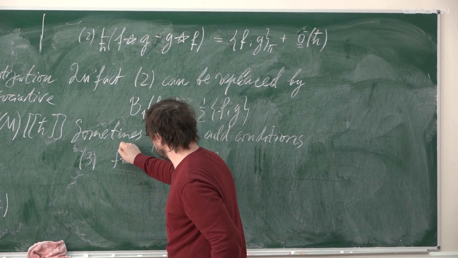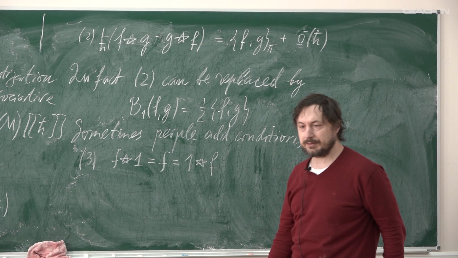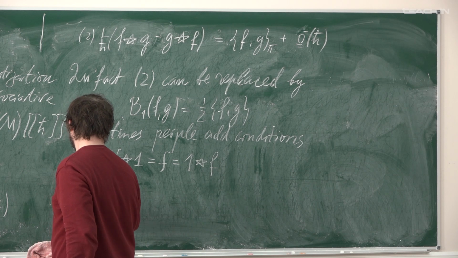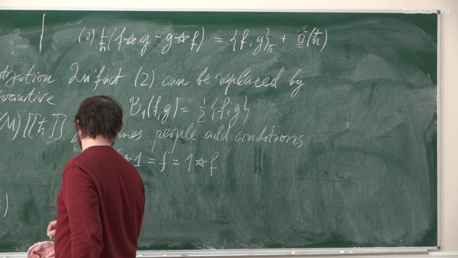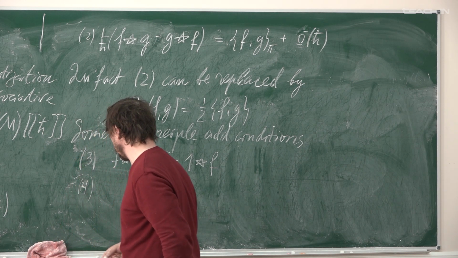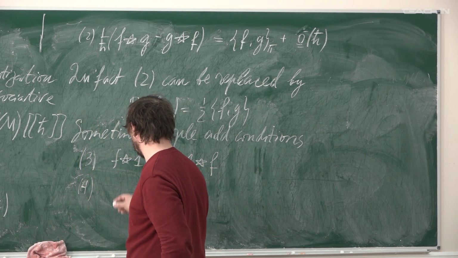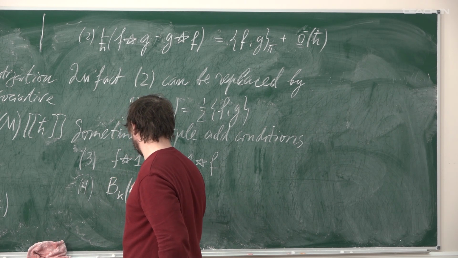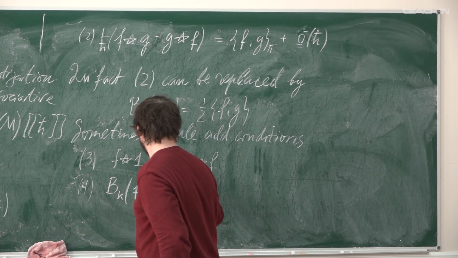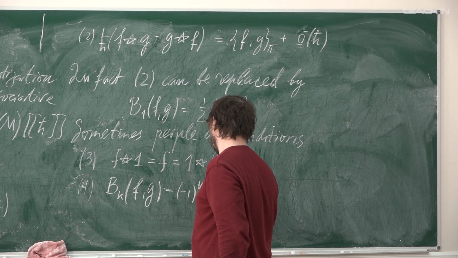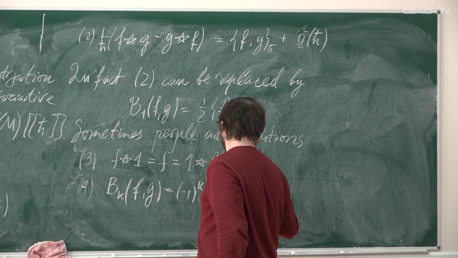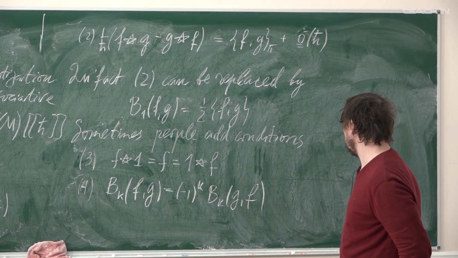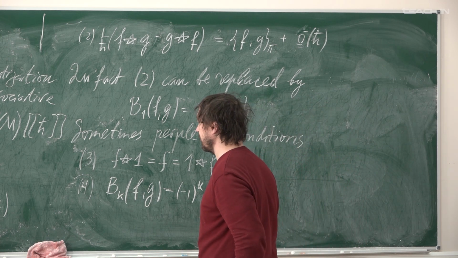So it just means that the unit function remains the unit with respect to the star product. And condition number 4, this technical condition which has already emerged a few times in our conversations, is the symmetry of B_k: B_k of f, g is equal to (-1) to the power k times B_k of g, f. So these two conditions rarely make their way into modern texts, but sometimes they are important.